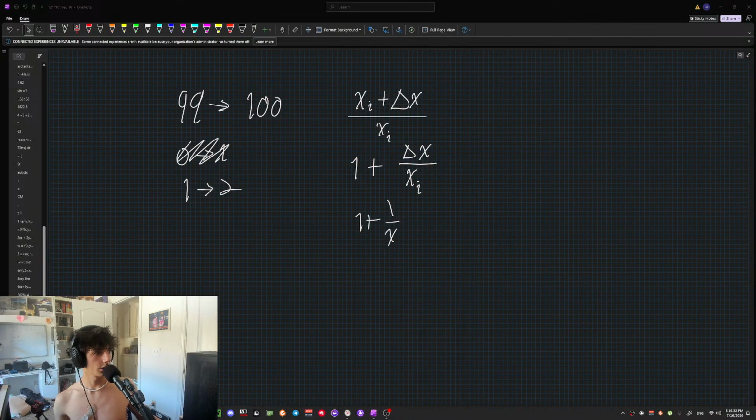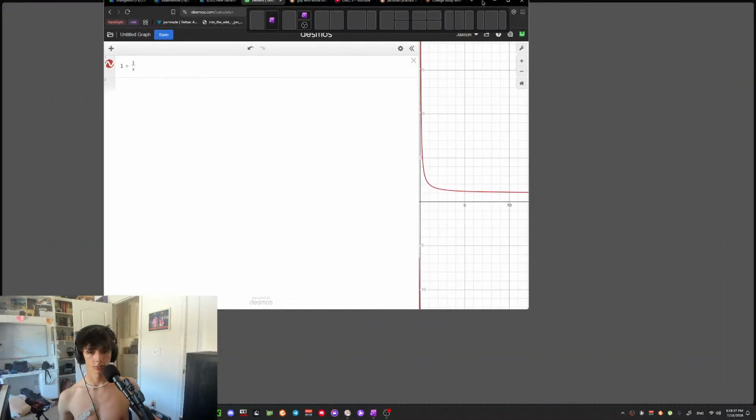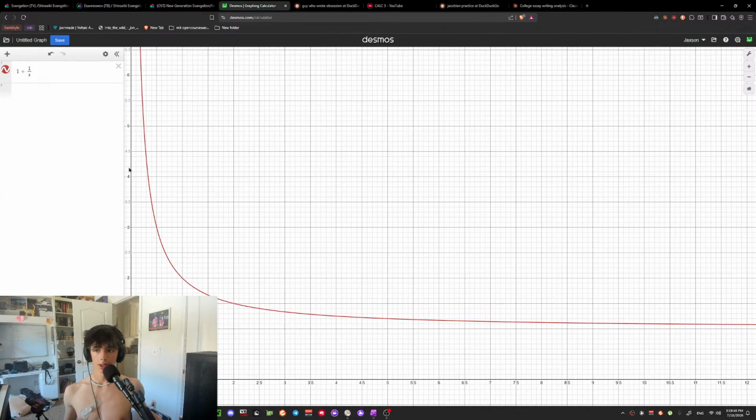What the hell? Y'all can see that it gets smaller over time, like between 1 and 2. That's a slightly less pronounced difference, but given an initial value of x, we get x plus 1 over x, which is equal to 1 plus 1 over x.